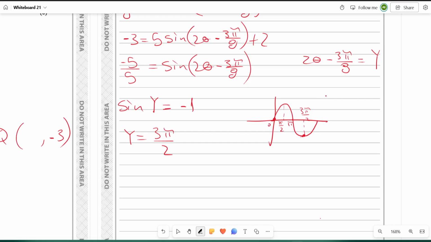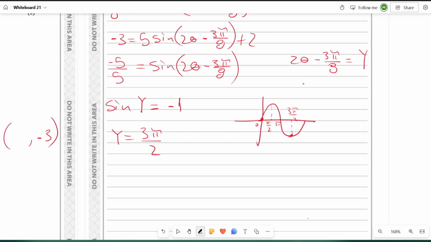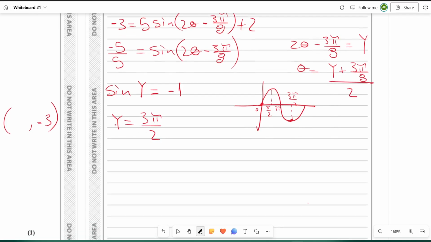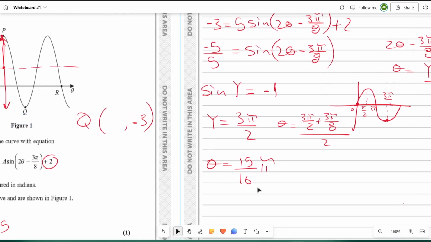From here, theta is going to equal (y plus 3 pi over 8) all divided by 2. So if y is 3 pi over 2, theta equals (3 pi over 2 plus 3 pi over 8) all over 2. That's going to give you an answer of 15 over 16 pi. So theta is going to equal 15 over 16 pi. And that is going to be the answer over here.